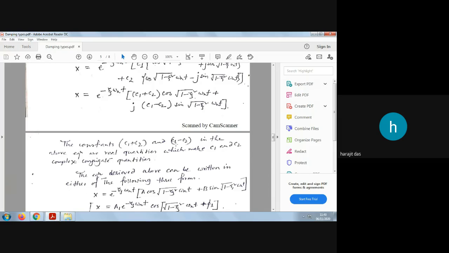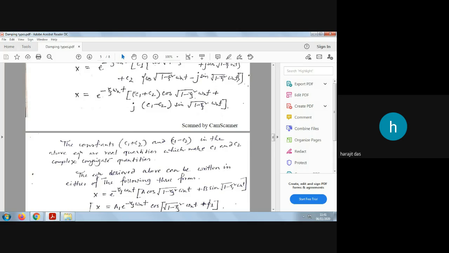The final expression can be found once we know how to calculate the values of C1 and C2. So we differentiate this with respect to t and put the initial conditions into these two expressions of displacement and velocity. We then get the values of C1 and C2, where C1 plus C2 and C1 minus C2 are real values.